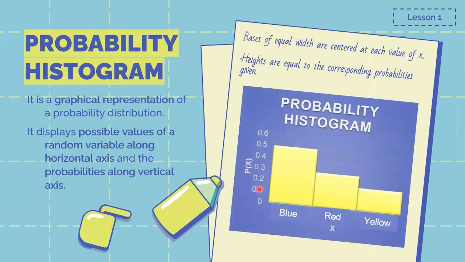The rectangles are constructed so that their bases of equal width are centered at each value of x. Heights are equal to the corresponding probabilities given. In this case, the probabilities that we used are in decimal form.